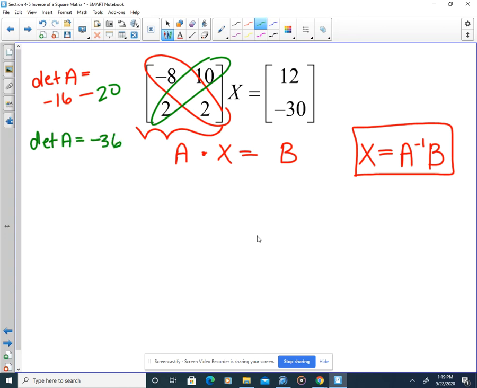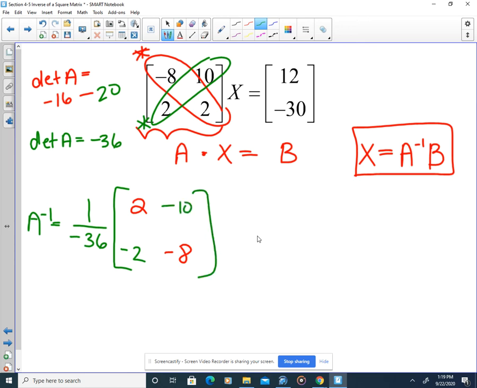All right, let's find the inverse. The inverse is equal to 1 over the determinant, so 1 over -36. And then remember these two elements here, we switch those. And then these two elements, we change the signs of these.